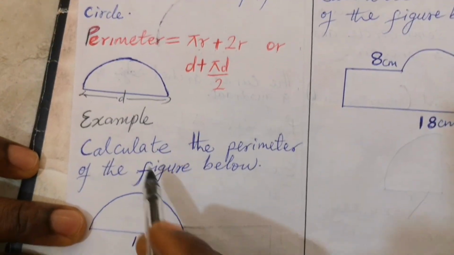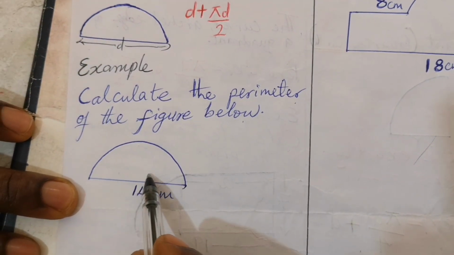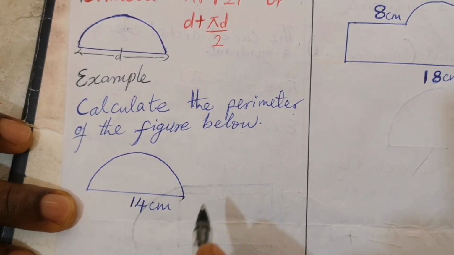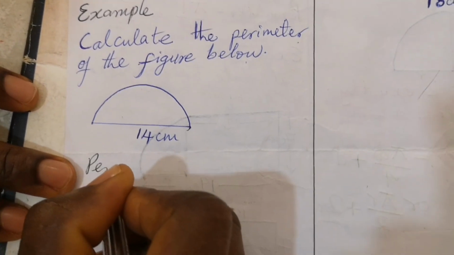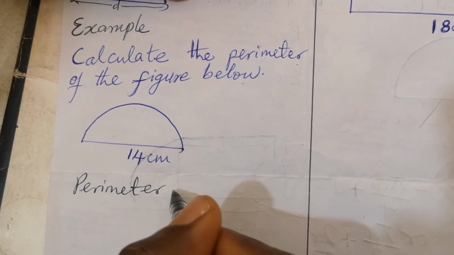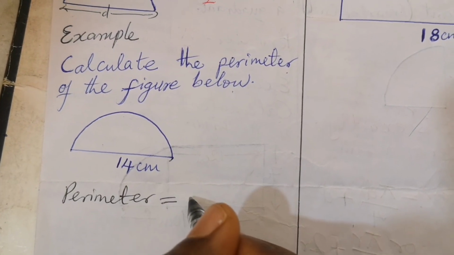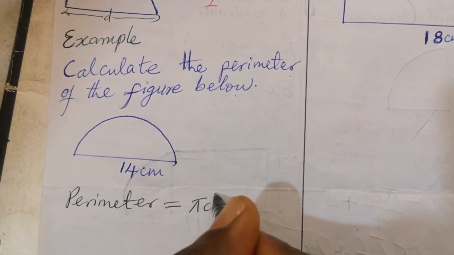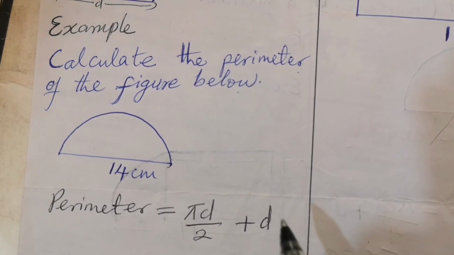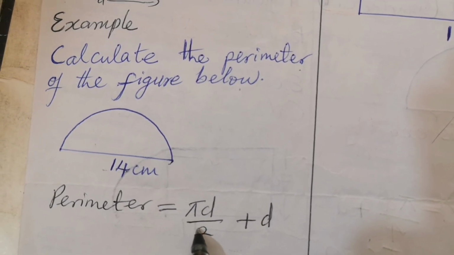We have an example here. Calculate the perimeter of the figure below. So this figure is a semicircle whose diameter is 14. Now, since we are looking for the perimeter, we will say the perimeter of a semicircle is pi d all over 2 plus d. Since we have the diameter, the best formula to use is this one.